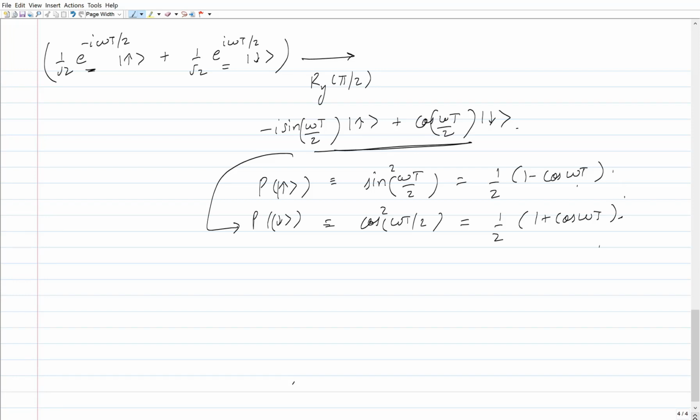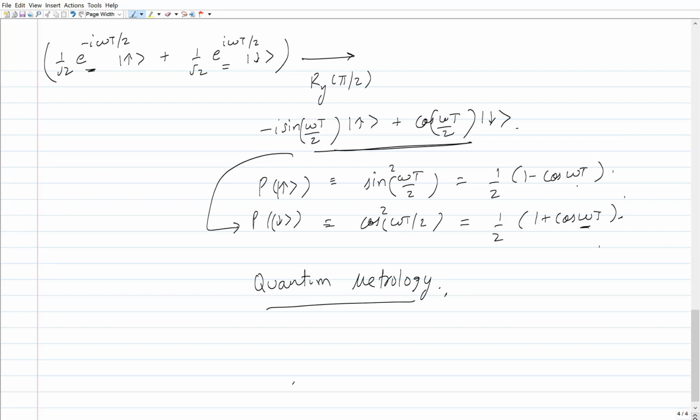I do this experiment many times and build up my statistics to get some information about omega. So this was an example of how a quantum state is being used to measure a parameter. This is an example of quantum metrology.